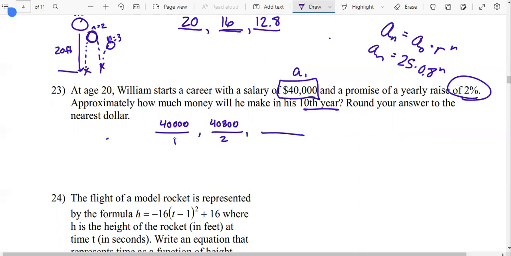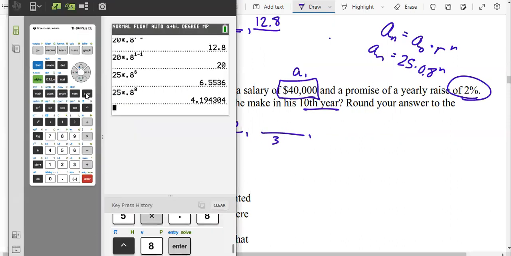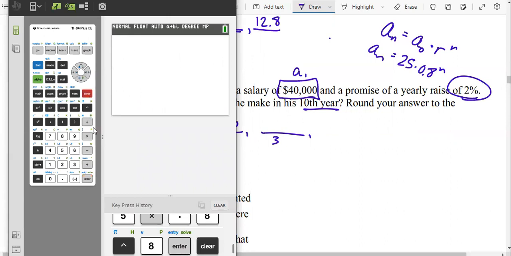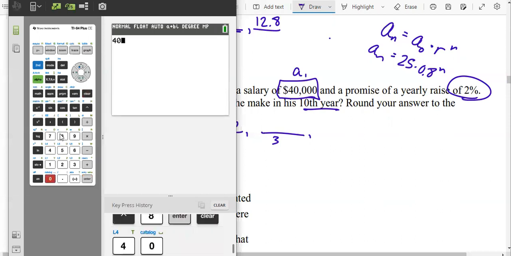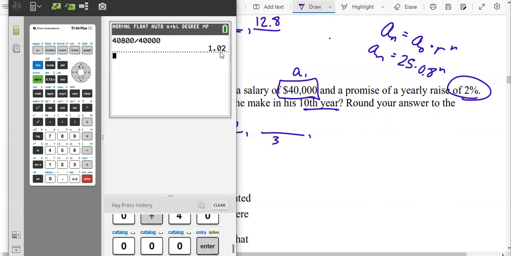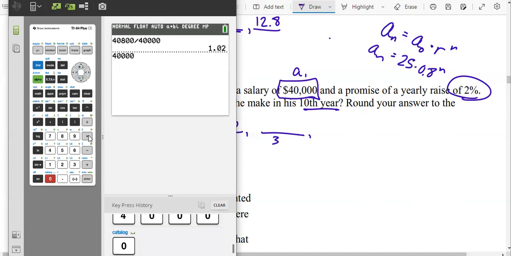So what's happening here? How am I getting from year to year? I'm multiplying by something. It's not 0.2. It's not 0.02. It's not 2. It's 1.02. Why is it that? Well, let's say he's making 40,000 and we do 0.02 of that, that gives us the 800.